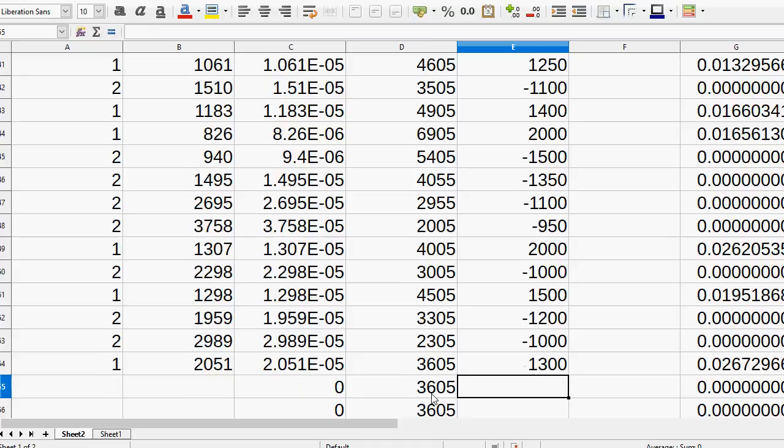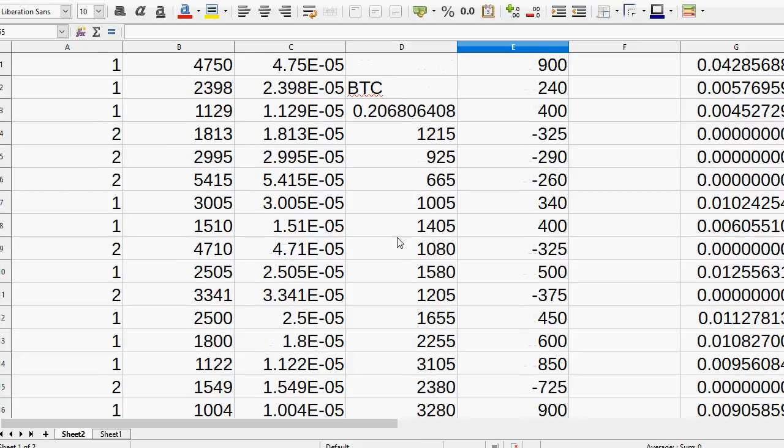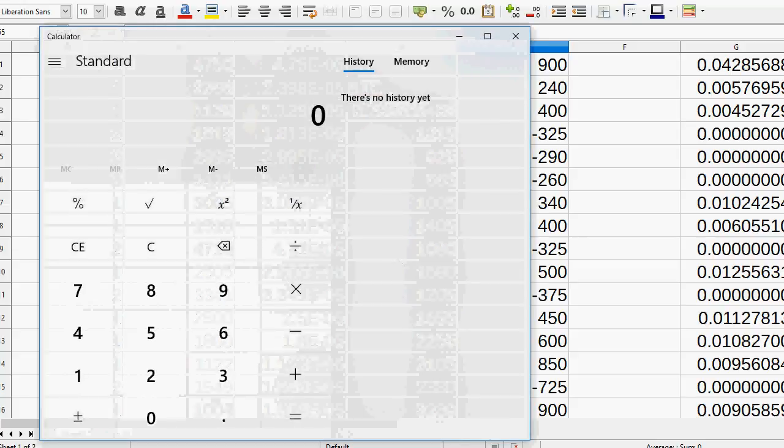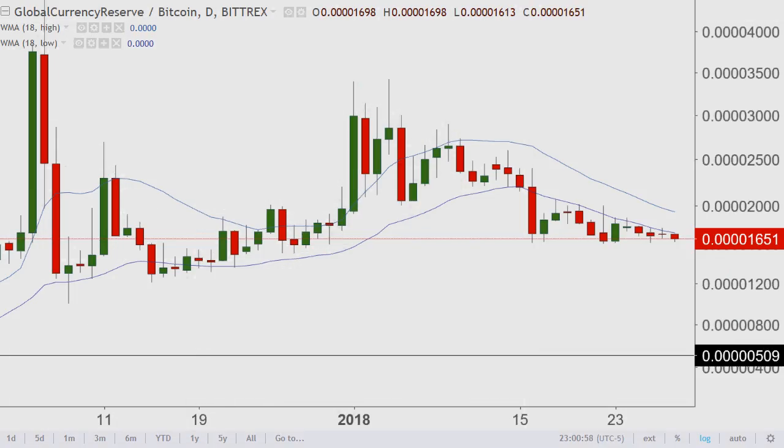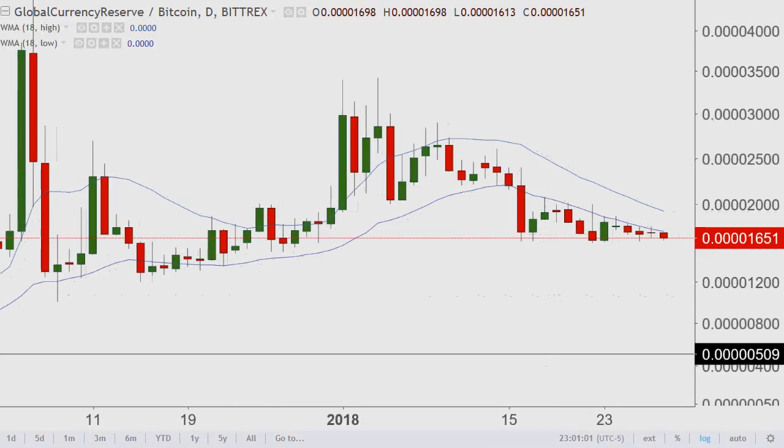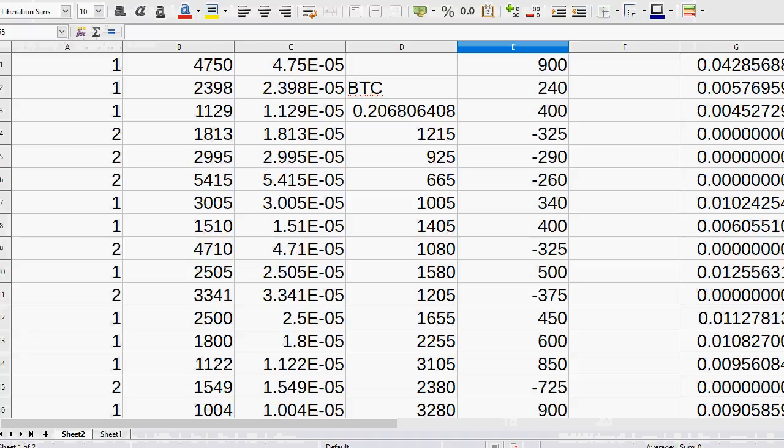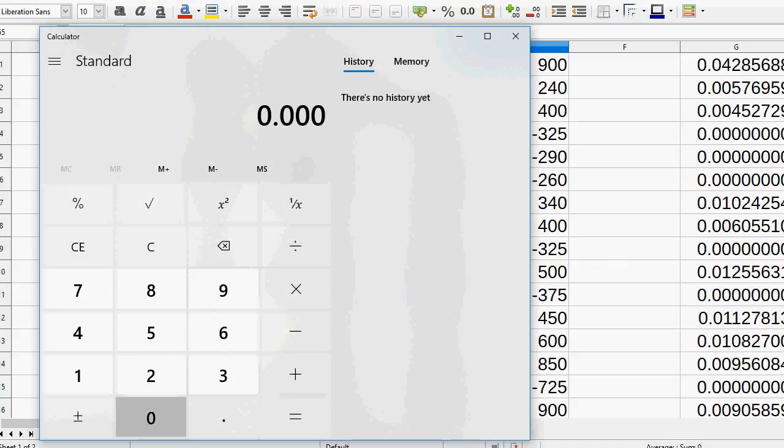So 3,605 tokens. .6% of a Bitcoin. And at last trade, the market is in at 1651. So we can take the price of 1651.